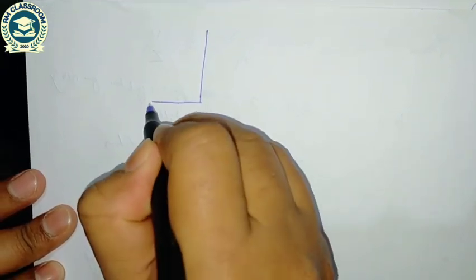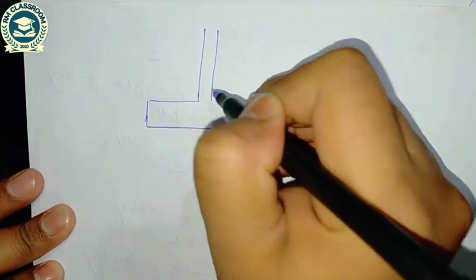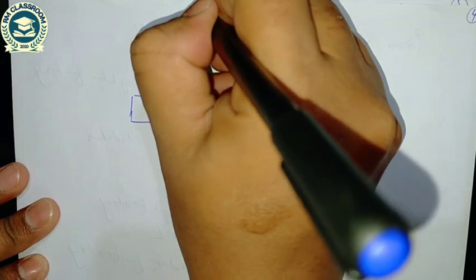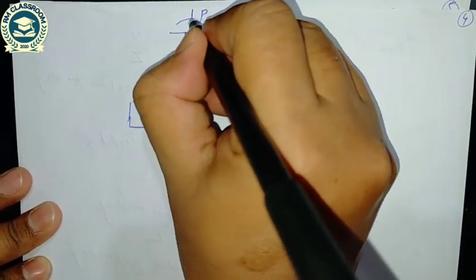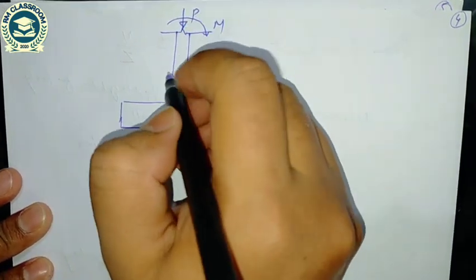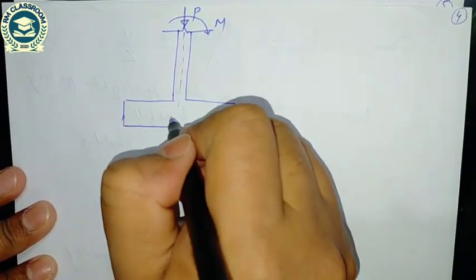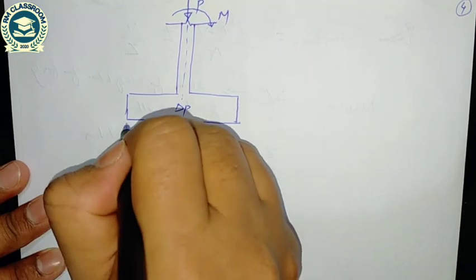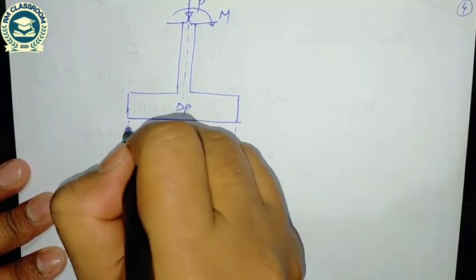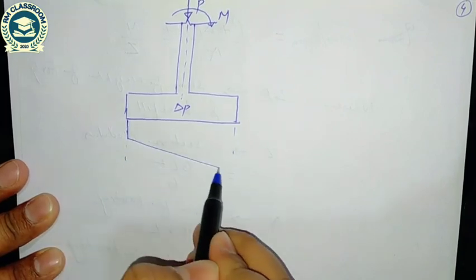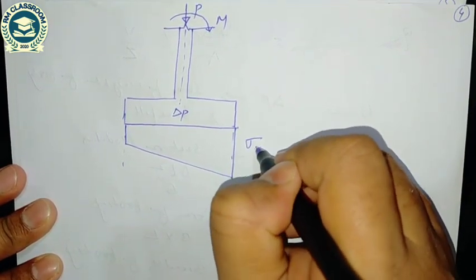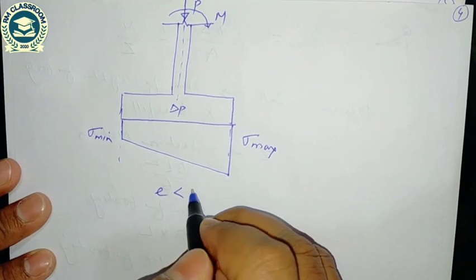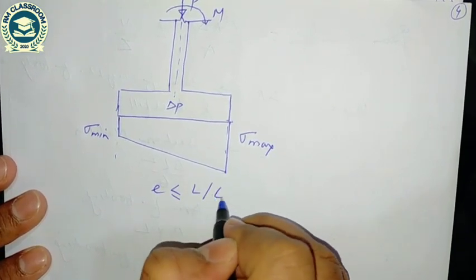This is the footing, having a load capital P and a moment M. This is delta P. If I draw the distribution, it will look like this: sigma max and sigma minimum when E is less than or equal to L by 6.